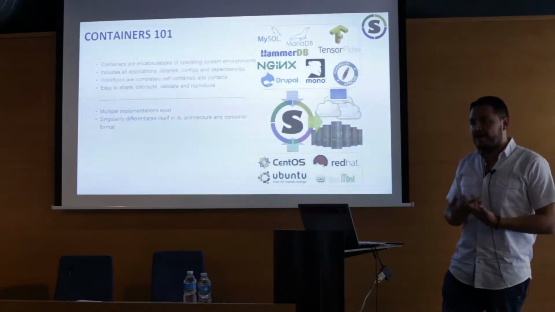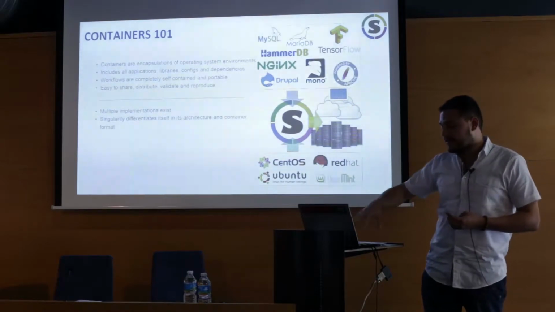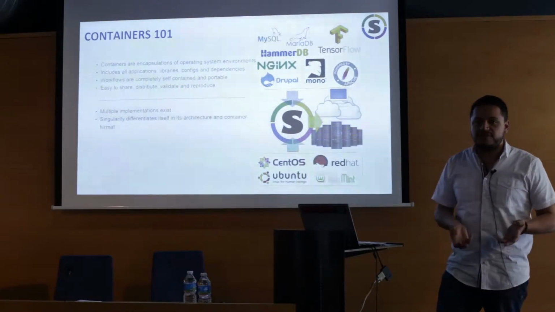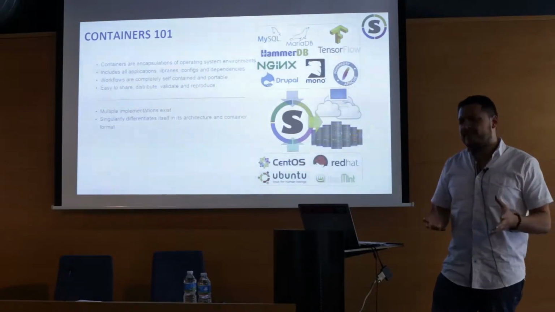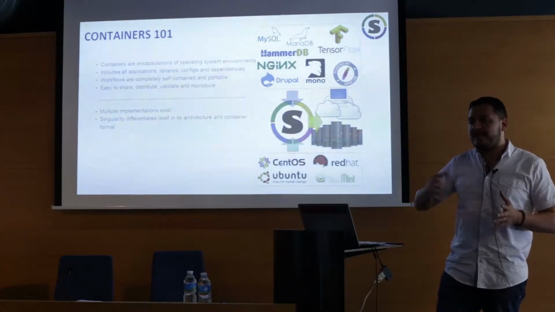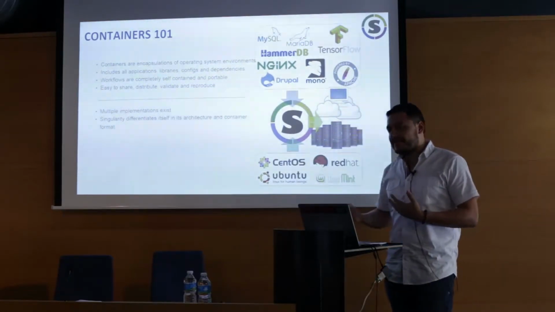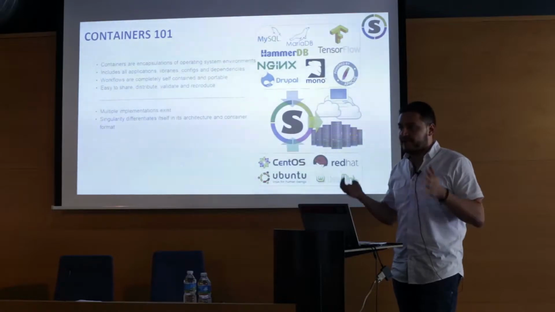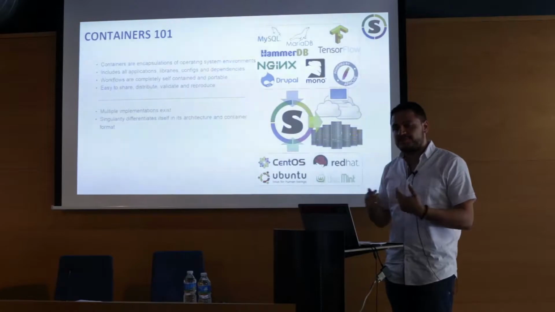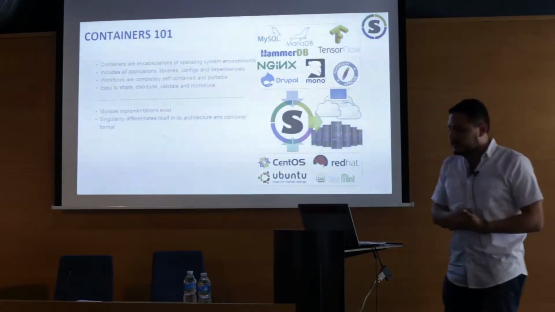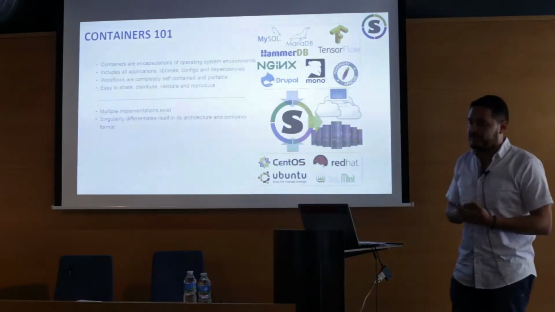This will help users develop in their laptops and workstations, in different environments, and go into this monolithic infrastructure that has a really stable file system, and the system admin doesn't have to change the file system of the infrastructure. The users are going to take their environment into the cluster and just run their tasks. So they are easy to share, easy to distribute, and validate and reproduce.